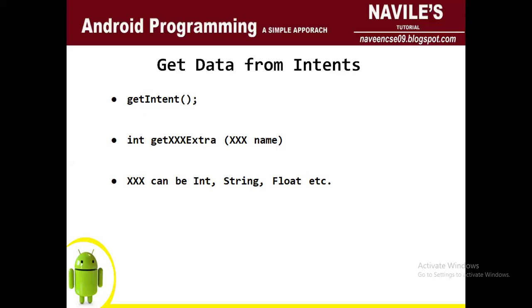If the value we are going to retrieve is a float, we have getFloatExtra, float name. So this is how we push the data from one activity to another using the putExtra method, and how we retrieve the value in the second activity from the intent using the getXXXExtra method after using the getIntent method. These are the methods we use in our activity in order to push data from one activity to another.